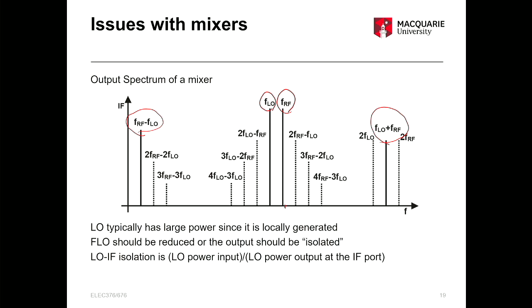But those are not the only frequencies that will be there. If you have higher powers, you have 2 RF minus 2 LO, 3 RF minus 3 LO, quite a lot of combinations. Just for fun, can you tell me what IM is this one? Let's name them by IM. What is the IM number, intermodulation number?